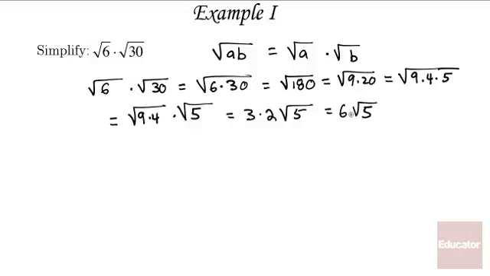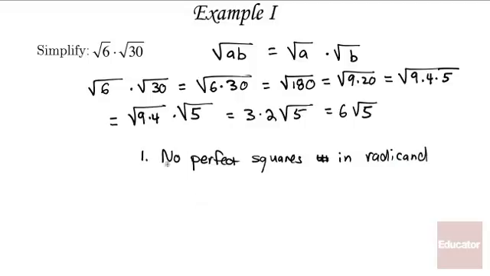Okay, so is this in simplest form? I go through my criteria. It has no perfect squares in the radicand. 5 does not have any factors other than 1 that are perfect squares. So no perfect squares other than 1.